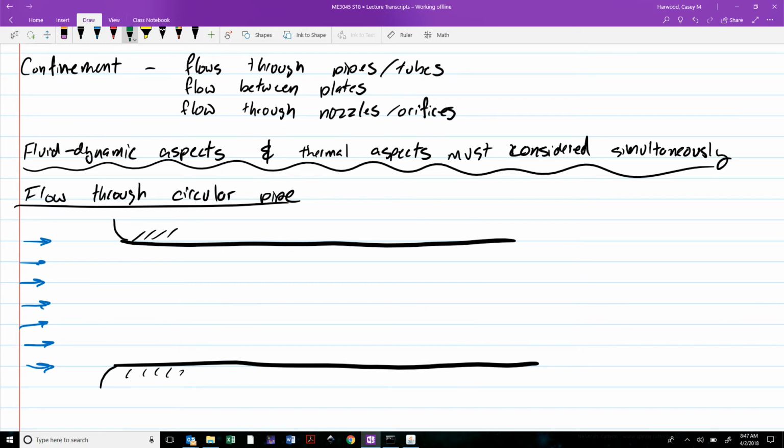Then, as soon as this thing enters, what's going to happen on the walls here? What condition is going to apply everywhere it's touching this? A non-slip condition, which means that we're going to end up with the growth of a boundary layer.